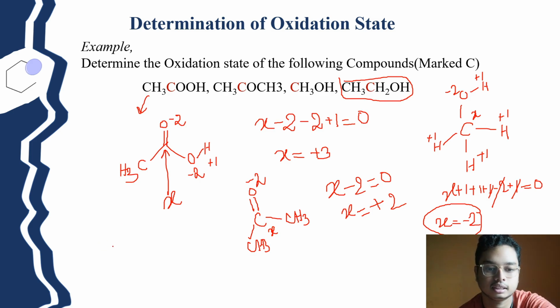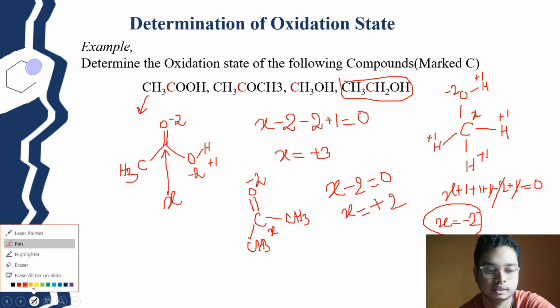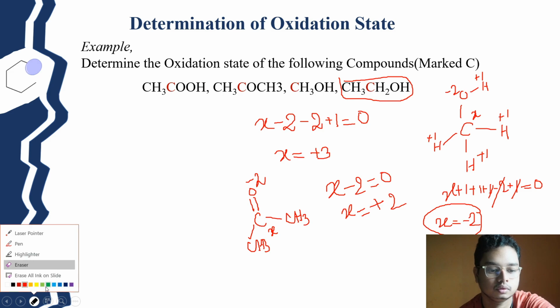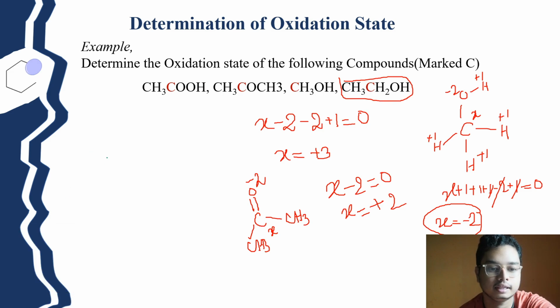I am just rubbing out this carboxylic acid and doing the ethanol. It contains 2 hydrogens, 1 OH, and 1 methyl.